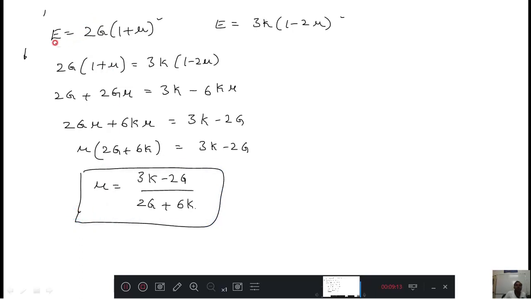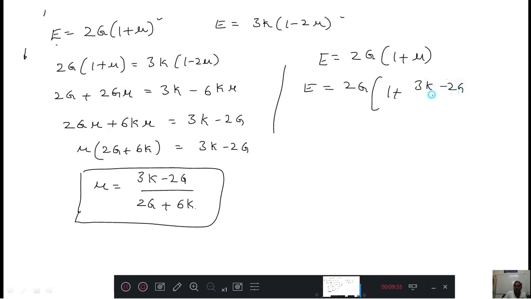But we want to put that in terms of E. Therefore, E is equal to 2G into (1 plus mu). Then E equal to 2G(1 plus mu) means 1 plus (3K minus 2G) divided by (2G plus 6K).